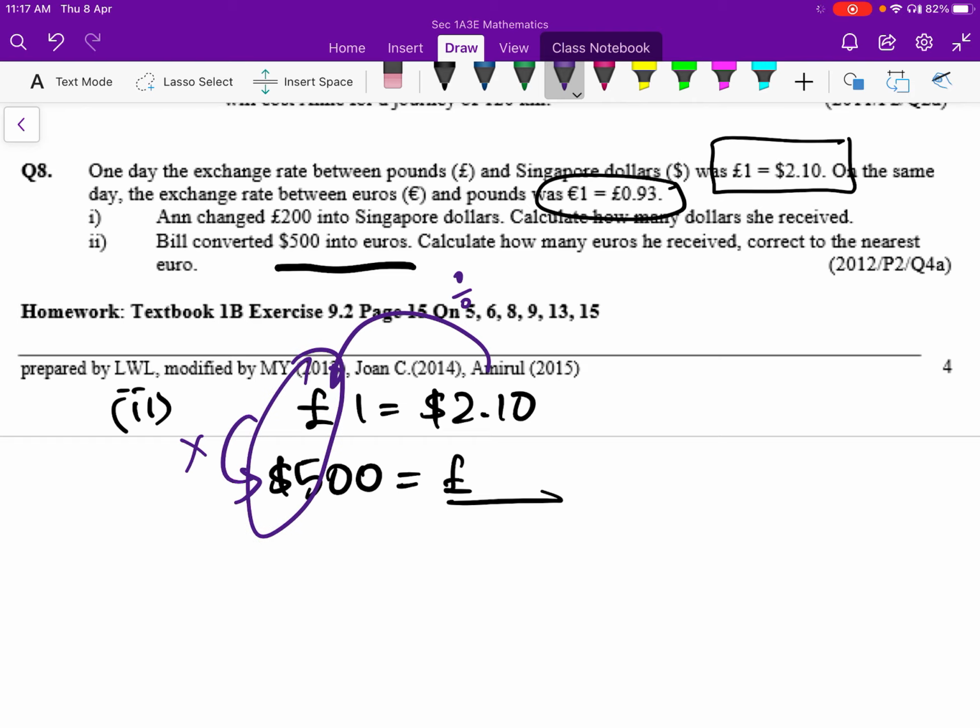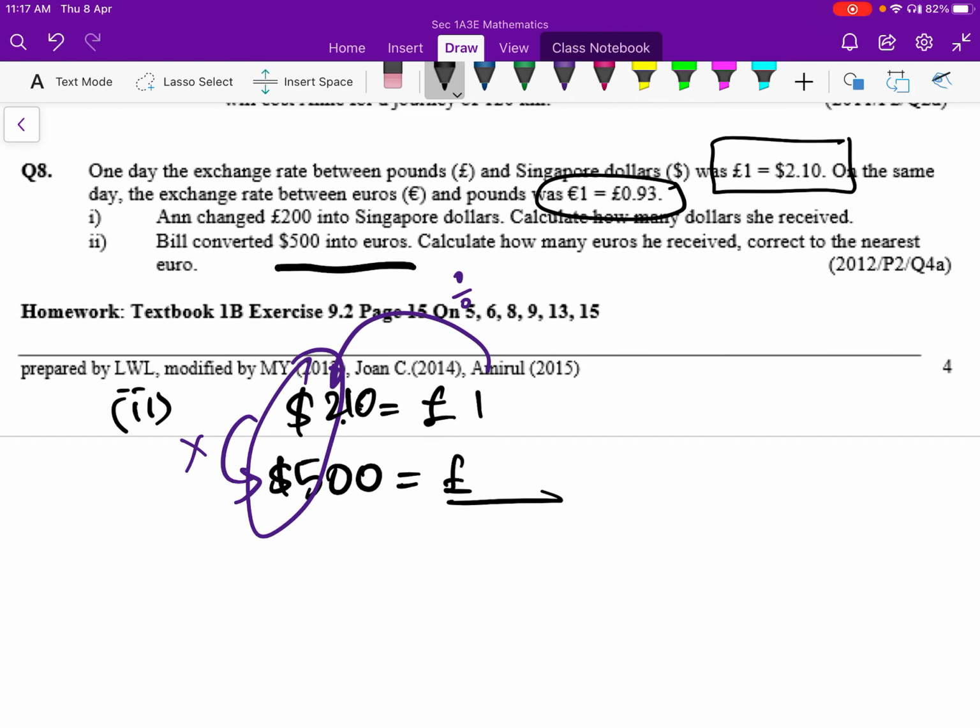Then how? Switch them around. So instead of $2.10 over here, I put it on the other side. $2.10 equals 1 pound.